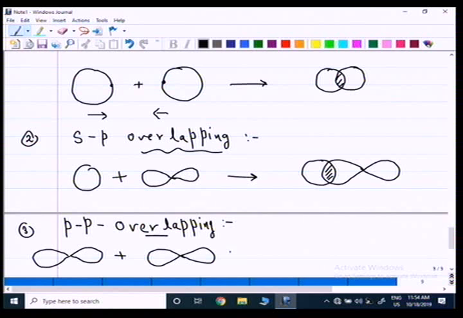We are assuming it is parallel to the x-axis. So when they overlap, after overlapping, they will look like this. So in these ways, a sigma bond can form. Please copy this.